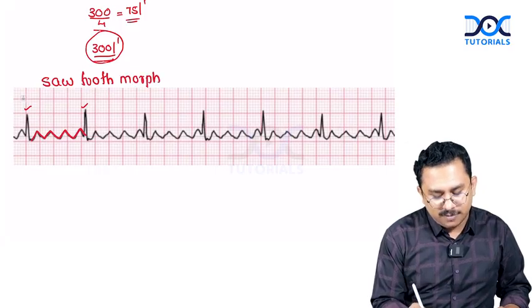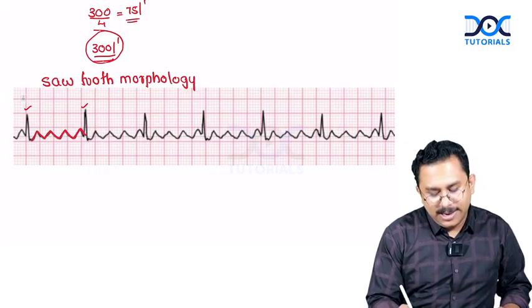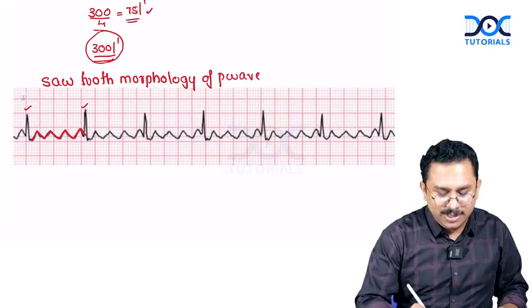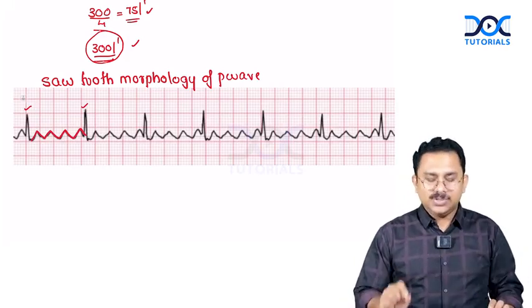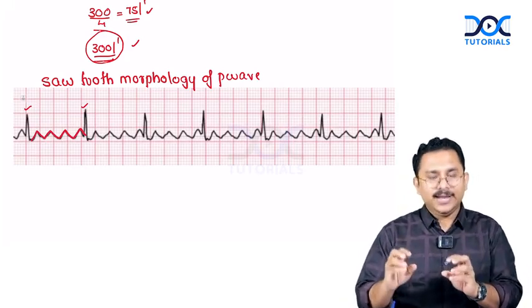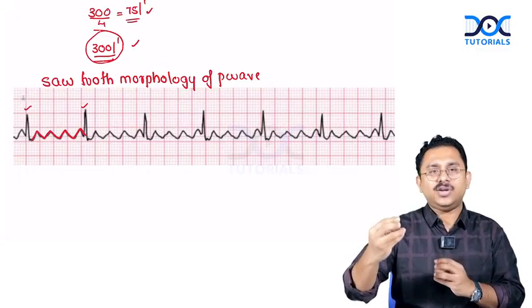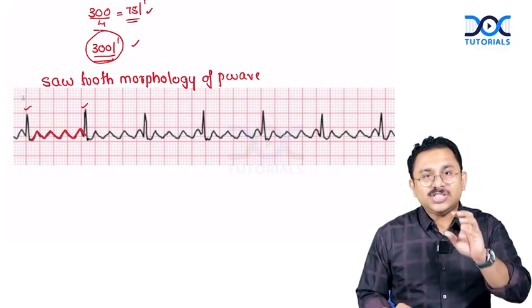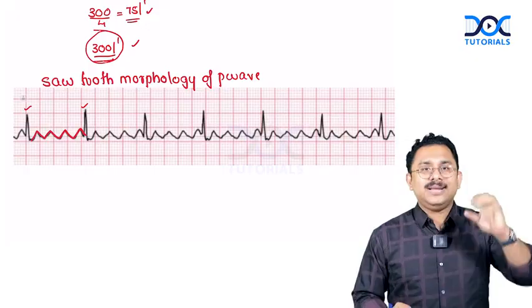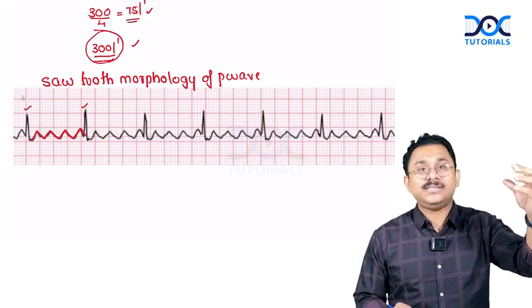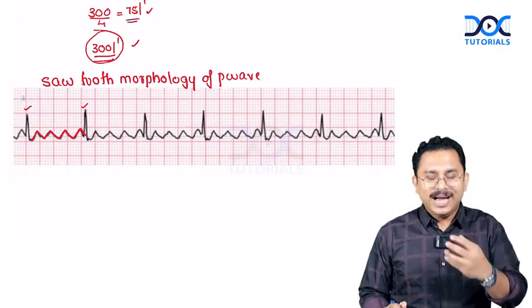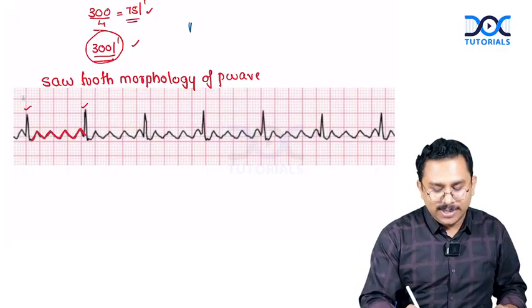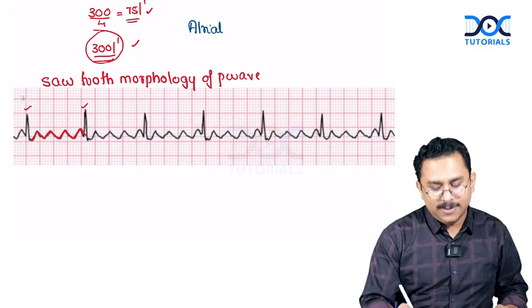Okay, and not just that, when you look at this discrepancy between the atrial and ventricular rate, you've got atrial rate of 300 and ventricular rate of 75. So there is a sort of AV block here. That is why all the atrial impulses are not getting conducted to the ventricles. So what you are having here is an arrhythmia that is known as atrial flutter.